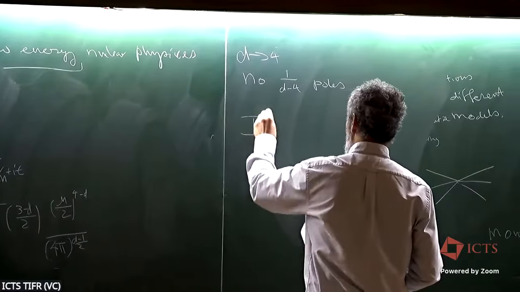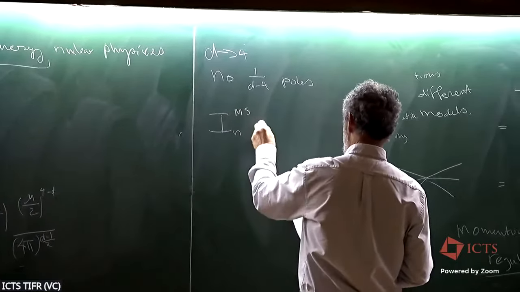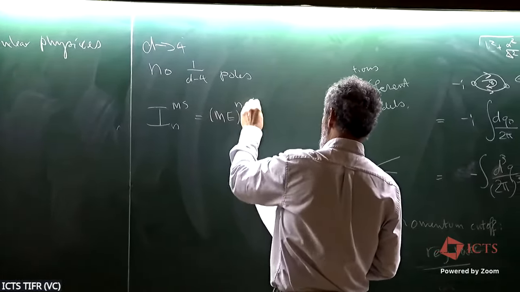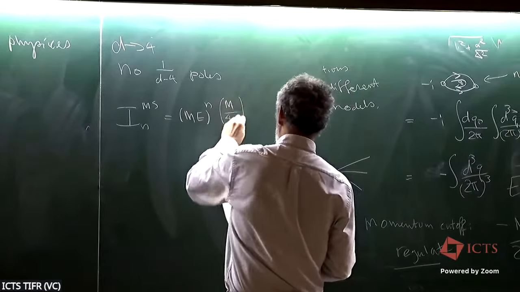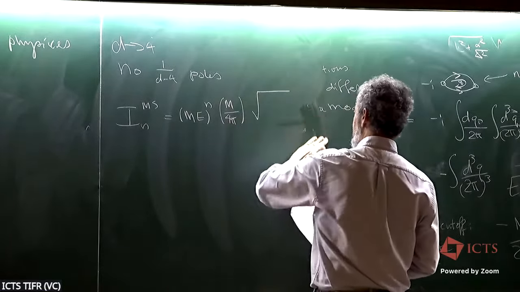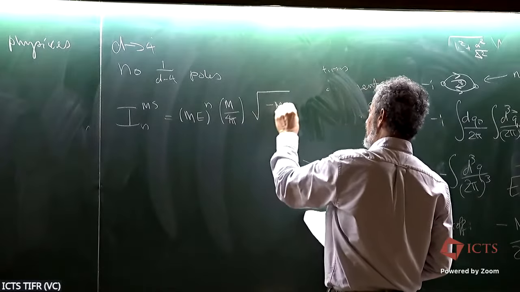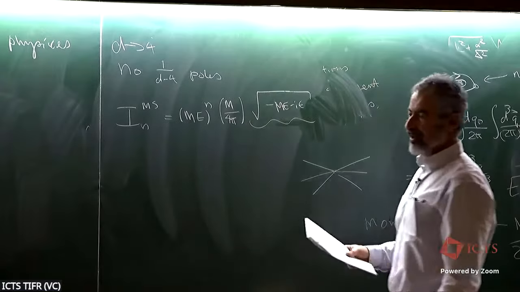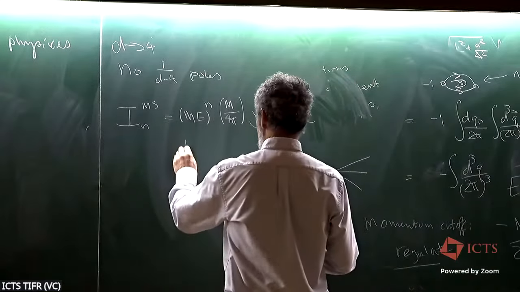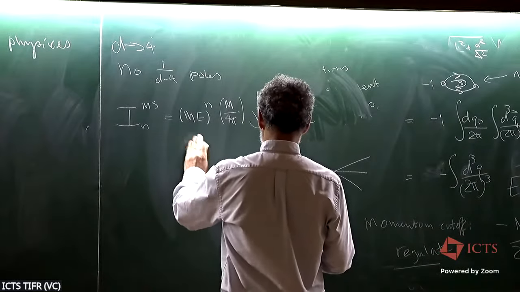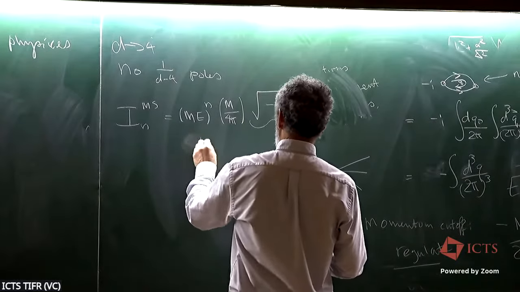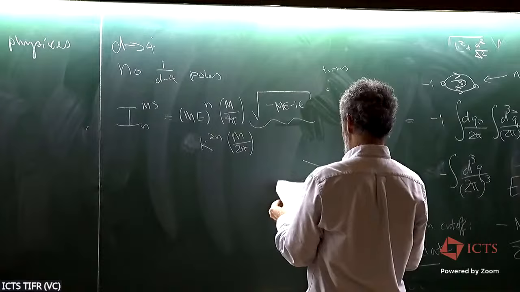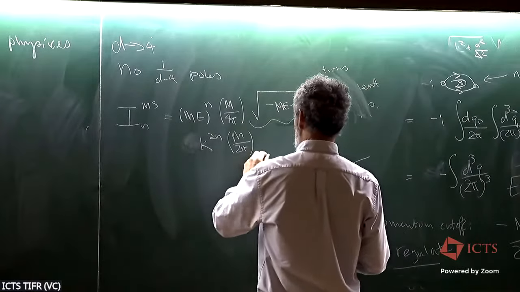So this is what we call minimal subtraction. We get M to the n, M over 4 pi times the square root of minus M E minus I epsilon, and this is what we call I k. This is equal to k to the 2n, M over 2 pi times minus I k.